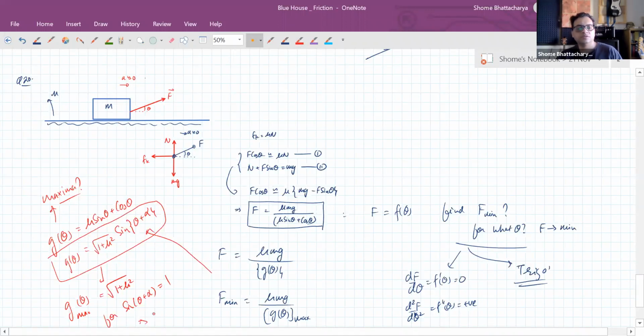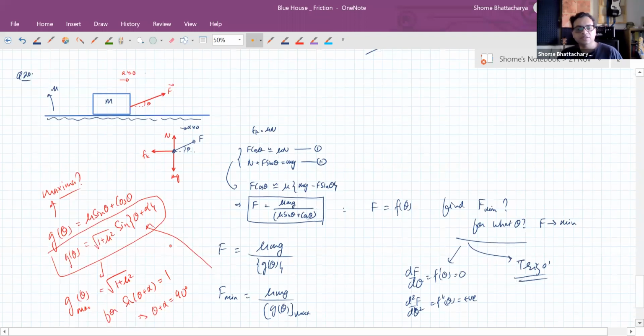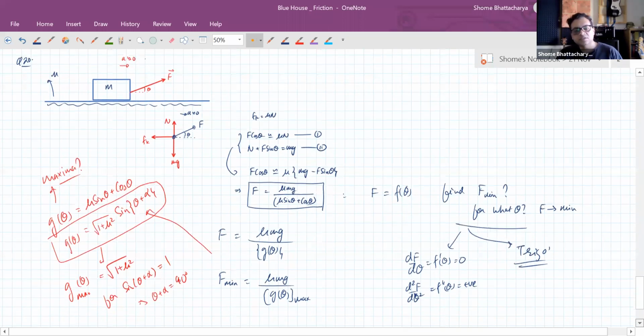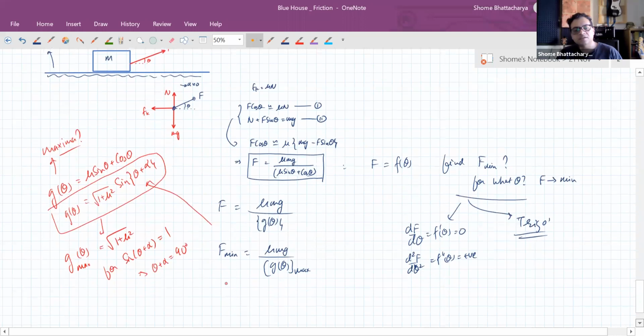So that means it is for theta plus alpha to be 90 degrees. So that condition is that theta should be 90 minus alpha.